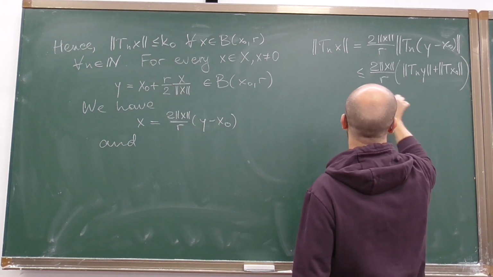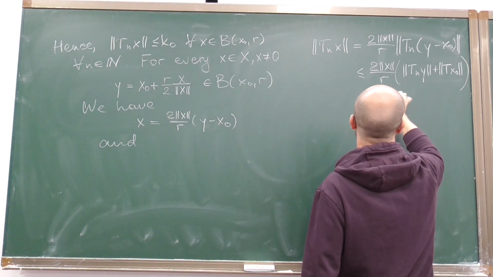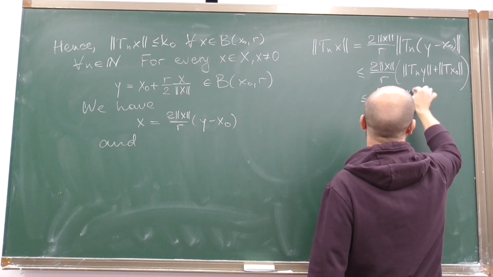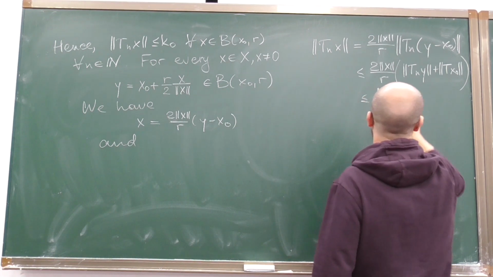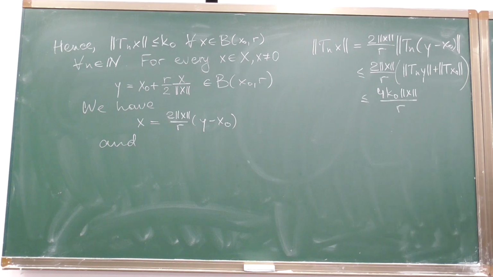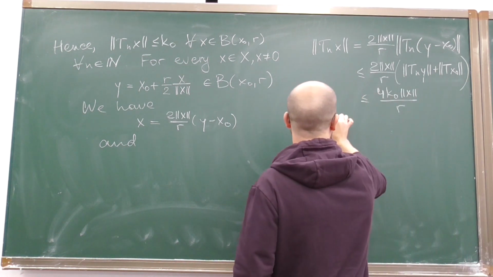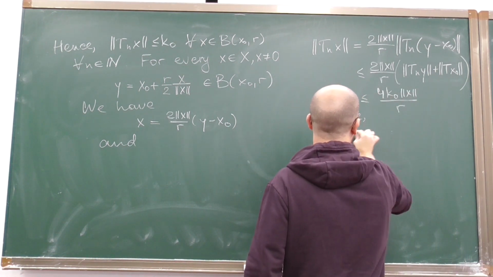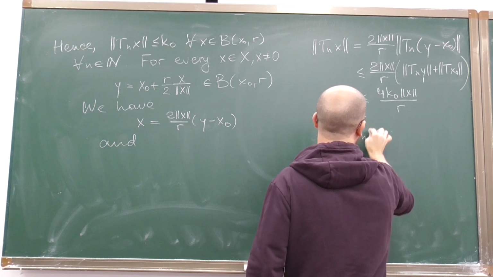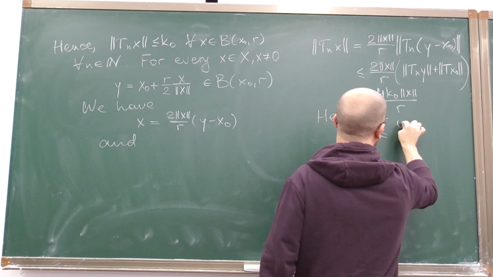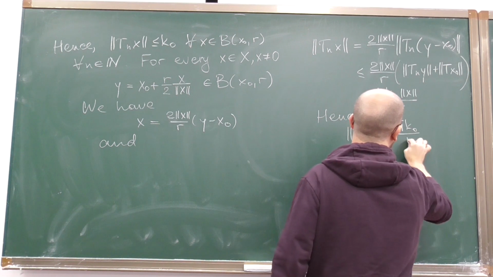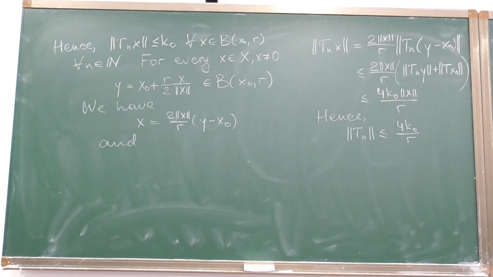So this is less than or equal to 4 times k0 times the norm of x over r. Hence the norm of T_n is less than or equal to 4k0 over r, by definition of the norm. And so we have proved that the sequence of norms is bounded.